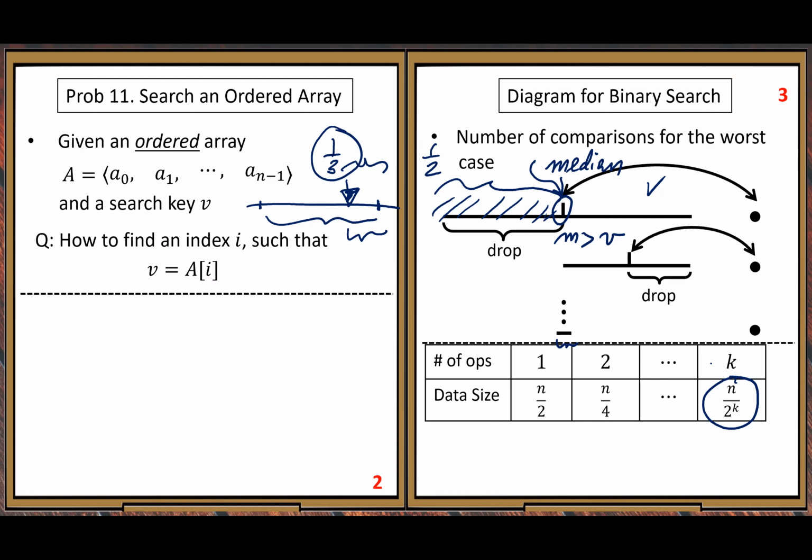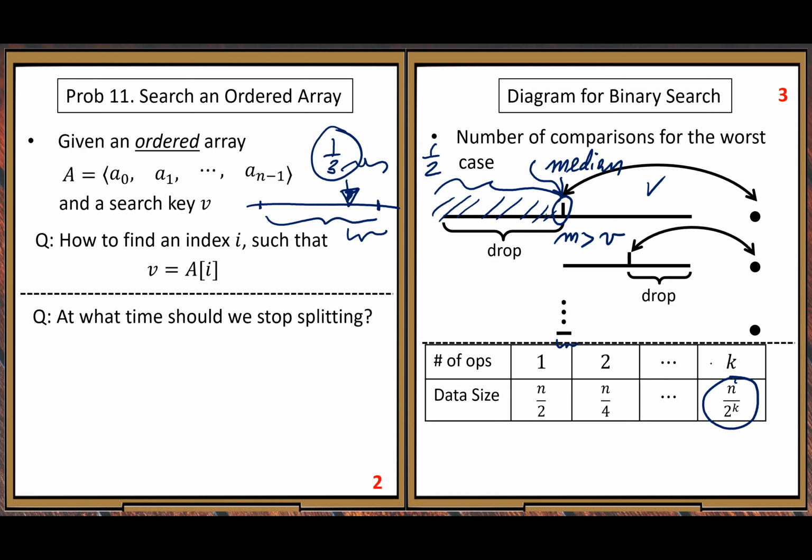We need to determine after a certain number of comparisons, we get to the last element. No more element for us to do further comparison. We need to find that point. The question, how to determine that point?